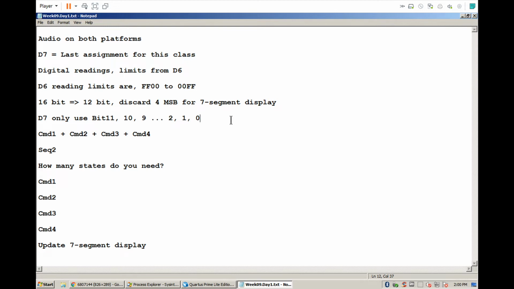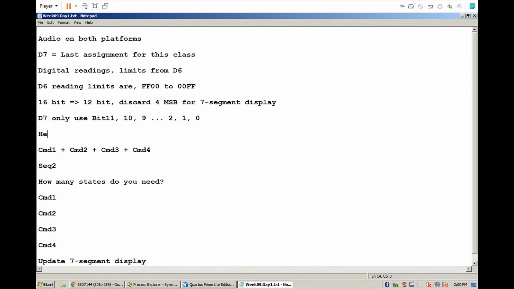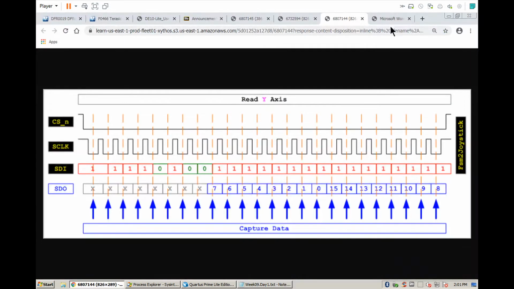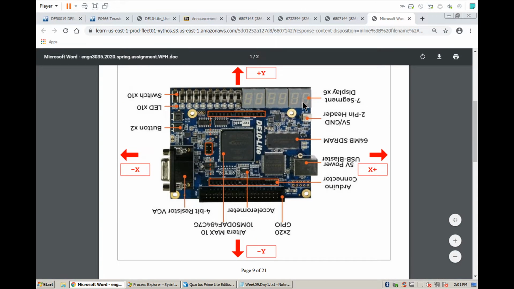So that means hex 0, 1, 2 is for X axis. Hex 4, 5, 6, I'm sorry, 3, 4, 5 is for Y axis. All right, so let's look at the board. Remember, this is your 5, 4, 3, 2, 1, 0 because everything is upside down.